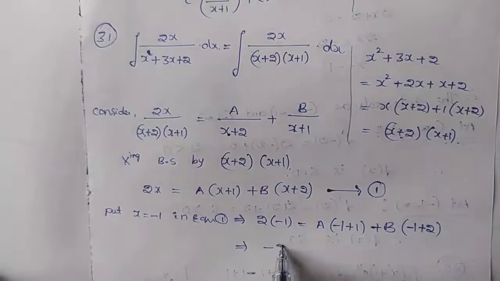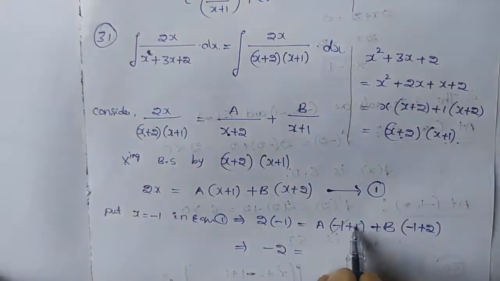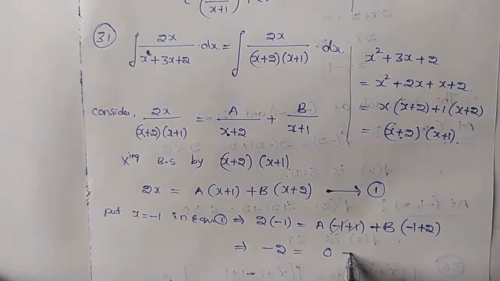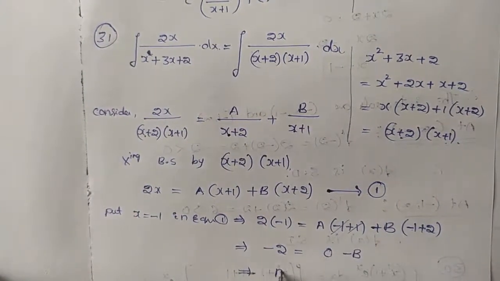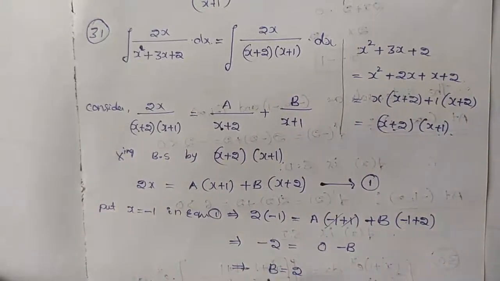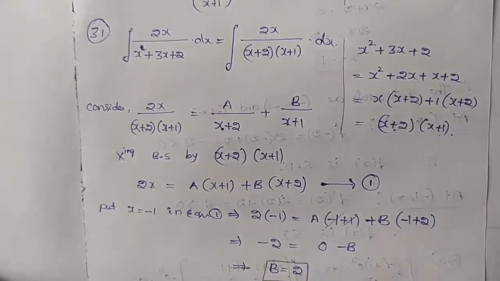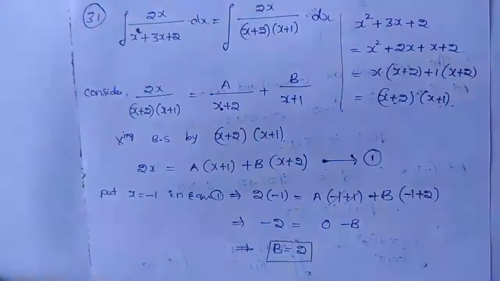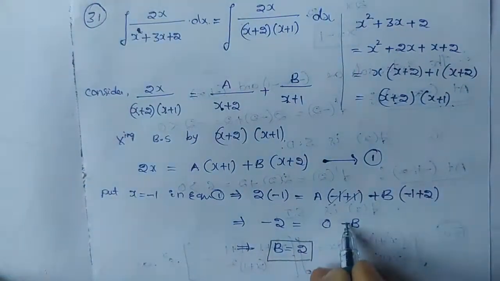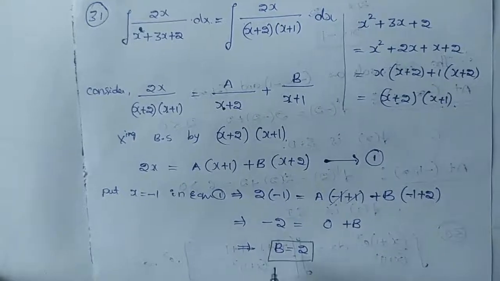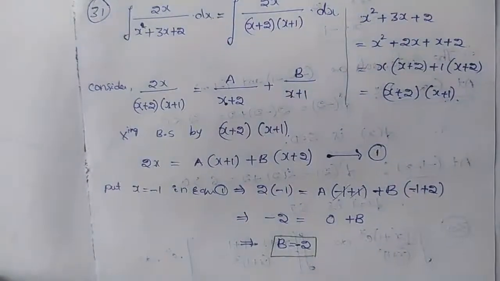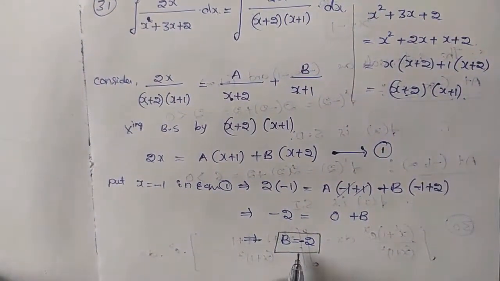So 2 into minus 1 is minus 2, and minus 1 plus 1 is 0, so A's term vanishes. Sorry, minus 1 plus 2 is plus 1, therefore it is 0 plus B. Therefore B equals minus 2.